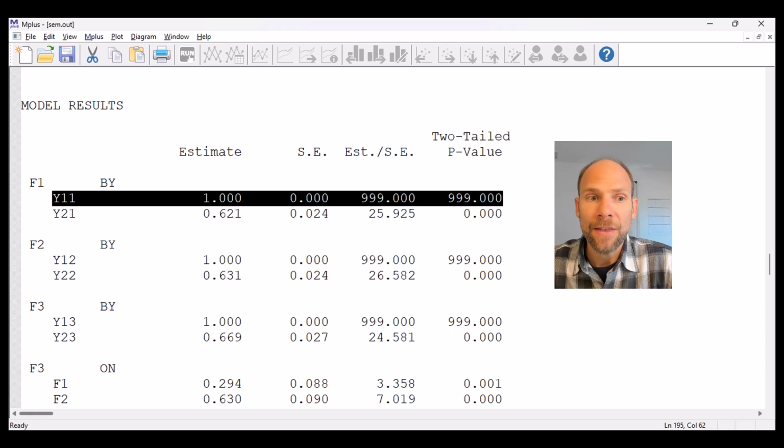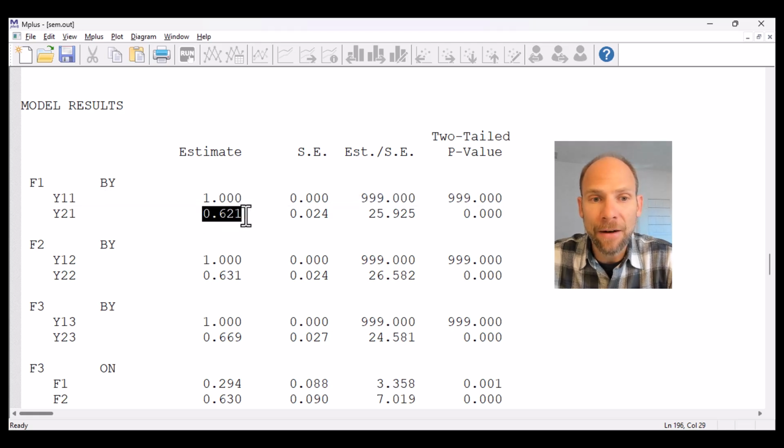And so then the first indicator does not have an estimated loading and has no standard error for the loading and no test statistic. That's fine. But the second indicator does have an estimated loading. You can see it's been estimated to be 0.621. The standard error is 0.024, so it's very small relative to the estimate.